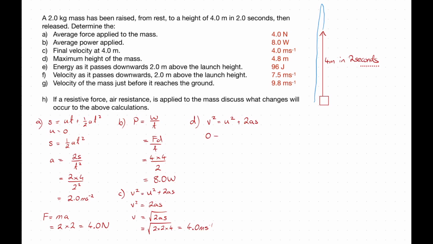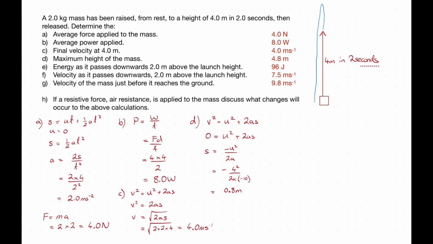So 0 is going to be equal to our u squared plus 2as. S is then going to be equal to minus u squared on 2a, which is then going to be equal to minus our 4 squared divided by 2 times of our gravity, which is negative 10. So this is going to get our value of 0.8 meters.